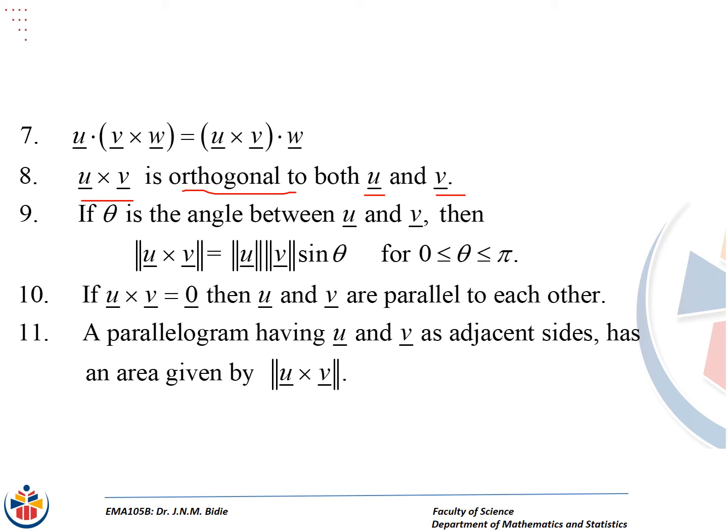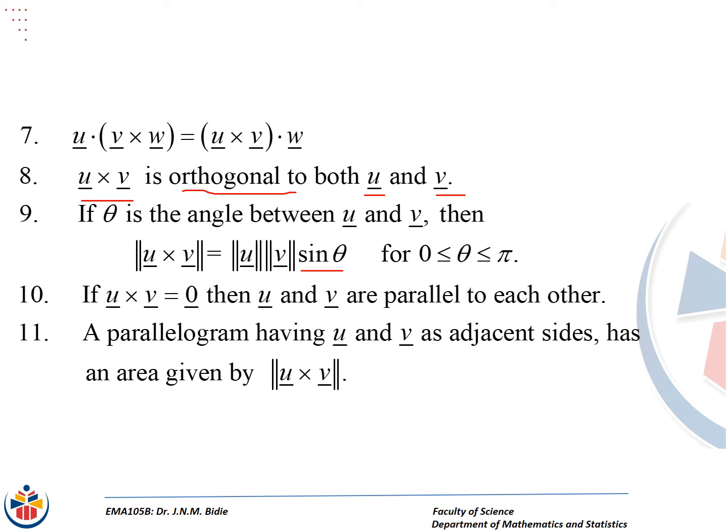Now, using the cross product, we are able to find the angle between U and V, which is now in this case, we're using sine theta instead of cos theta that we used for the dot product.